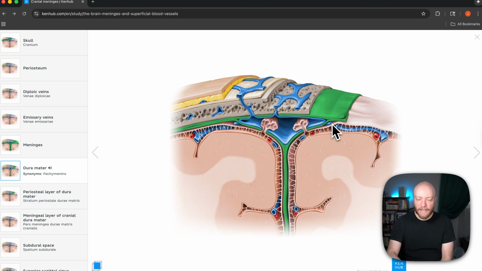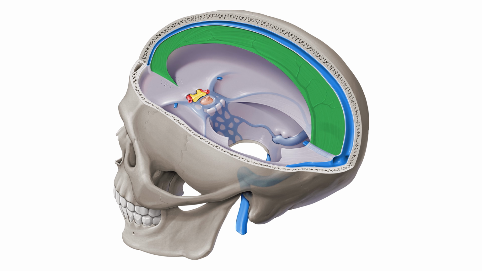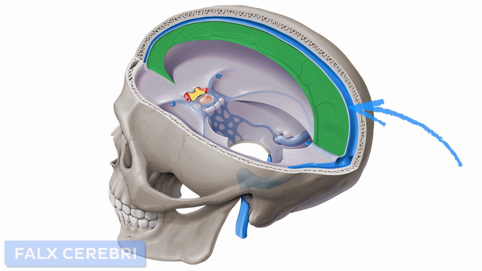And then what's happening, look at this, this is really cool. It's going to go down like this on this side. It's going to go down on this side. And then it's going to merge again and start to actually separate and create the different hemispheres of the cerebrum. So when we say you have a left cerebral hemisphere and a right cerebral hemisphere, there is a physical meningeal divider called the falx cerebri that separates them.